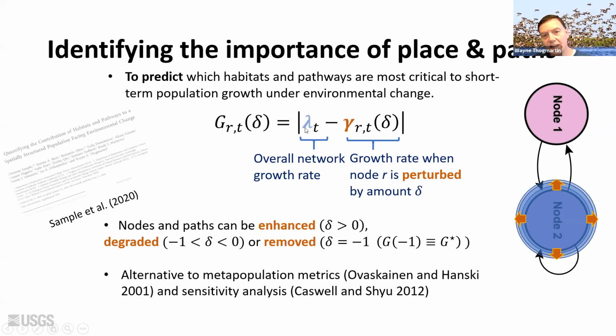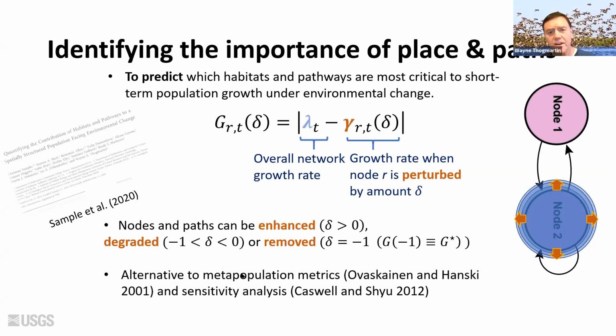It's basically the absolute value difference between the overall network growth rate and a growth rate measured when we've perturbed the network by some amount. We can perturb nodes and paths. We can enhance them, degrade them, or remove them altogether from the network, and then evaluate what the consequence is to this G metric.